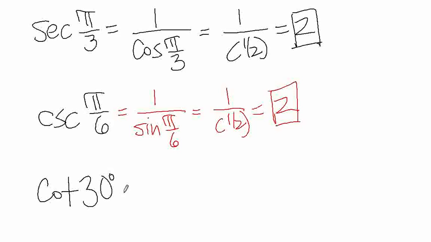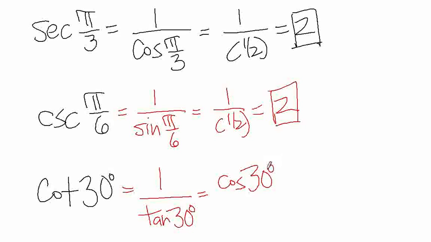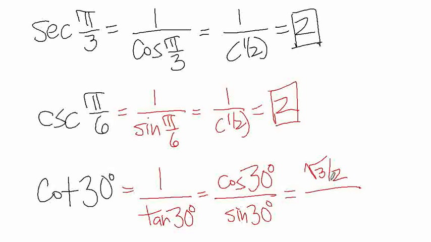And the cotangent of 30 degrees, I might work that out by starting with the reciprocal of the tangent of 30 degrees, which is equal to the cosine of 30 degrees divided by the sine of 30 degrees. And that's equal to root 3 over 2, that whole fraction all over 1/2, which simplifies to the square root of 3. I hope that's what you got.